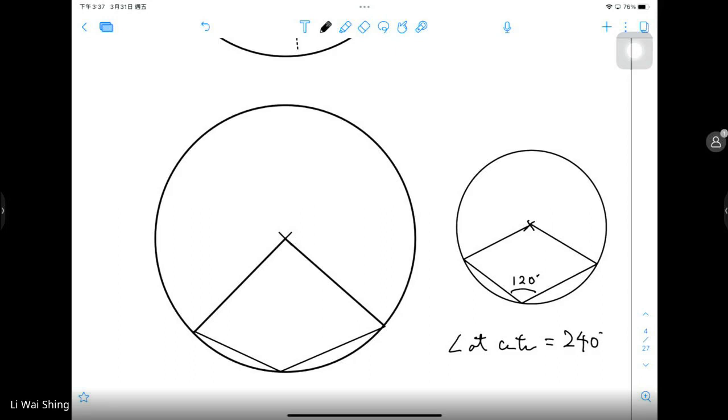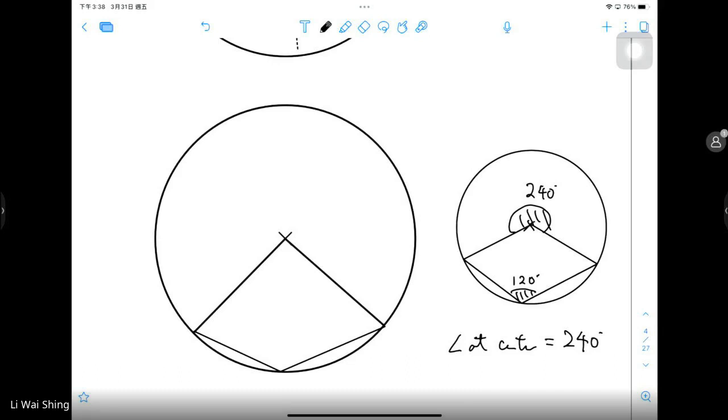So it is larger than 180. So it must be what kind of angle? Reflex angle, yes. So this time the angle at center is the reflex angle here. 因為下面係一隻鈍角嘅關係，兩倍咗佢，佢會變咗做一個 reflex angle. These are the pair.